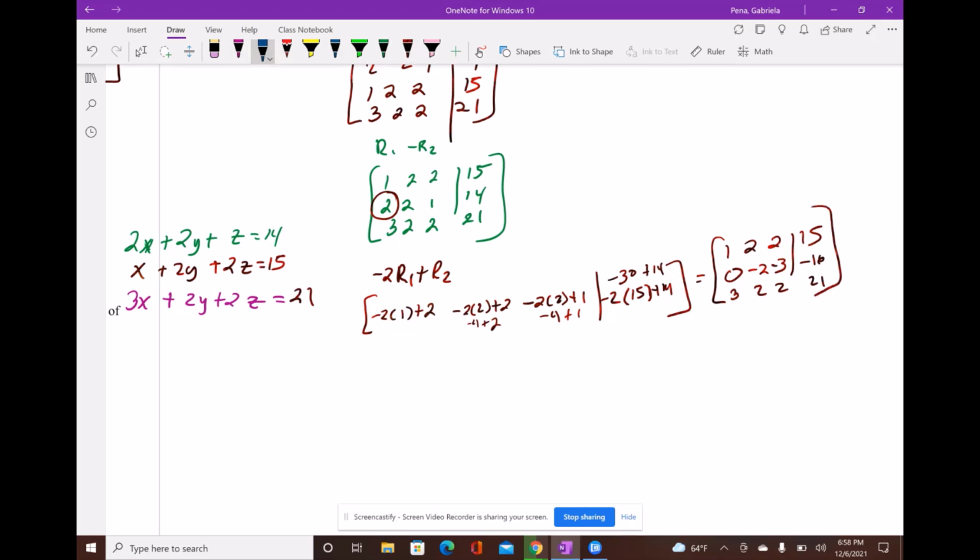So we've accomplished the 1, 0. But now we have to make another 0 for the 3. Opposite of the number you're trying to make a 0, times the row which the 1 is in, plus the row where you're trying to make that 0. Negative 3 times 1 plus 3. Negative 3 times 2 plus 2. Negative 3 times 2 plus 2. And negative 3 times 15 plus 21.